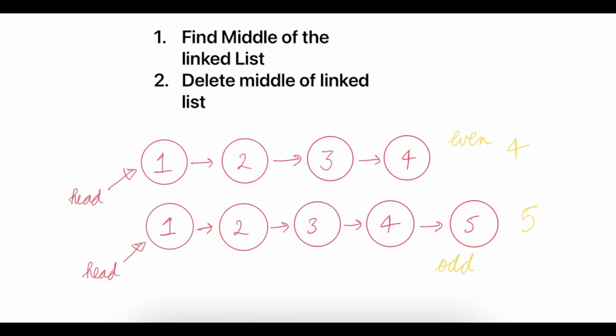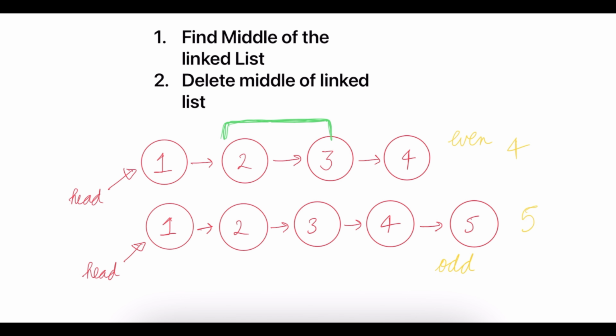So let's have a look at our even length linked list. For this example of length 4, since the length is 4, the middle could be node 2 or node 3. Either one of them could be the middle node. So which one of them would be the middle?